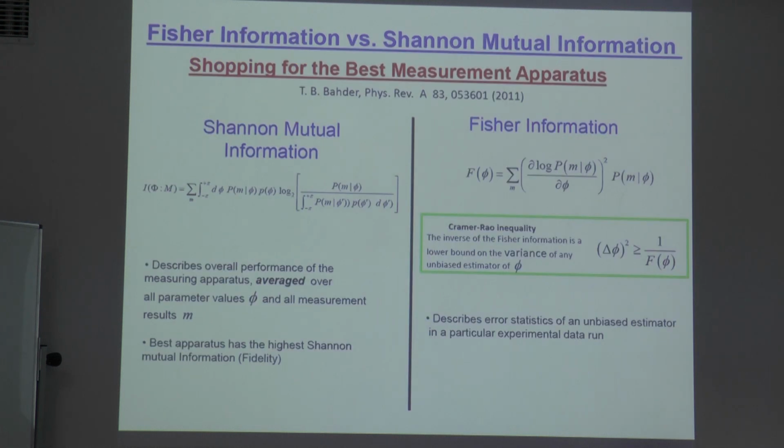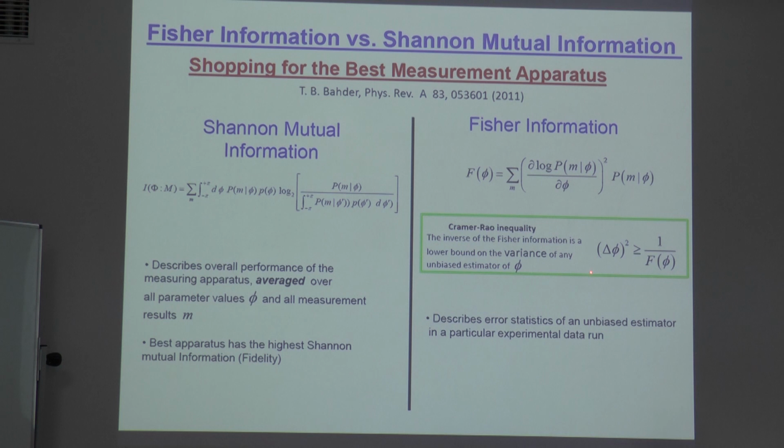So to contrast the difference between Shannon mutual information and Fisher information, imagine that you were going to go to the store to shop for the best measurement apparatus, the best quantum sensor. You want to look on the box of the quantum sensor, and if you want to know for all possible cases what the best quantum sensor is, you would look for the highest Shannon mutual information on the box. On the other hand, when you take that home and you do one experiment, you would use Fisher information.